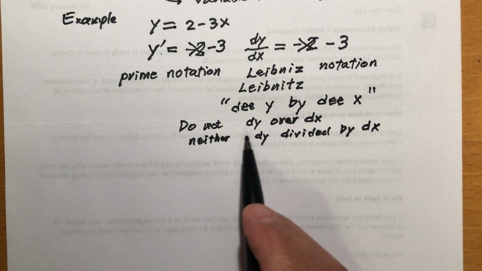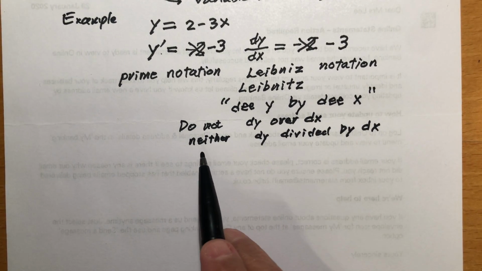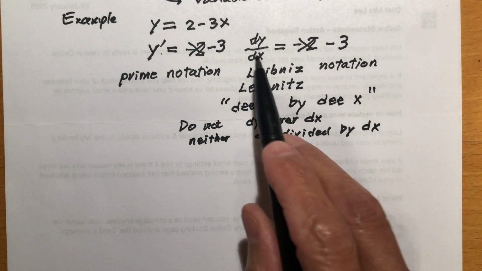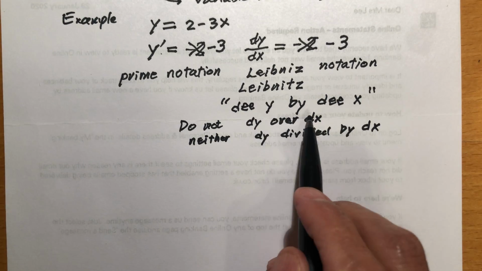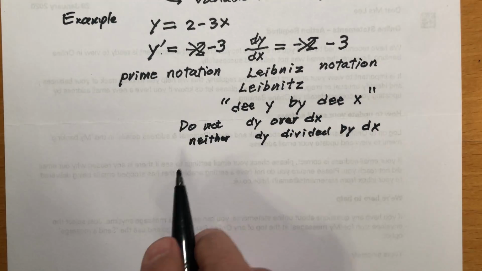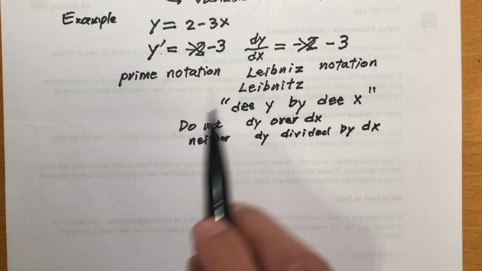So don't say it this way, nor say it this way. This is the proper way to pronounce it, dy by dx. This is by. It's a very special label.